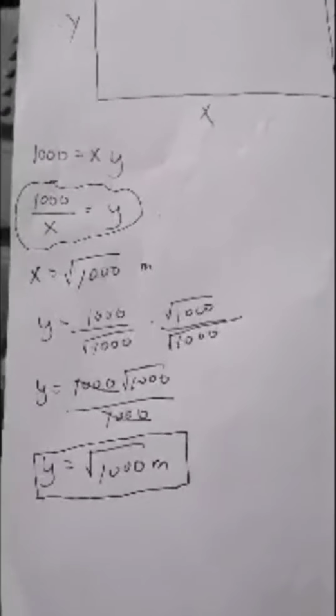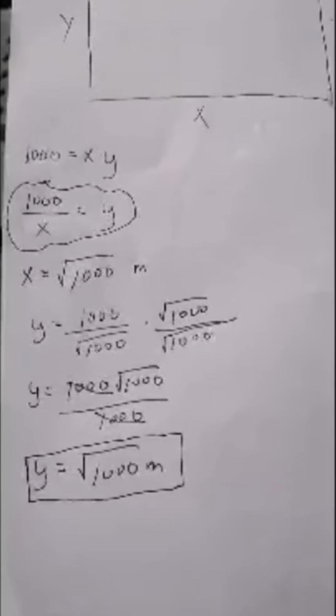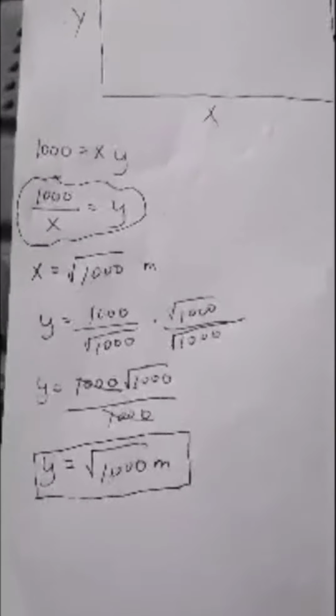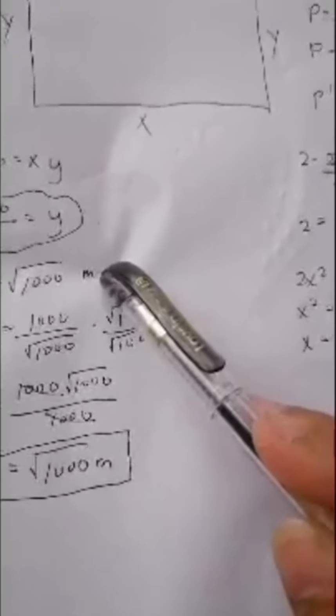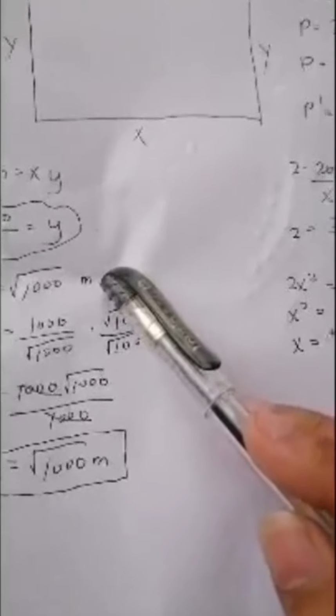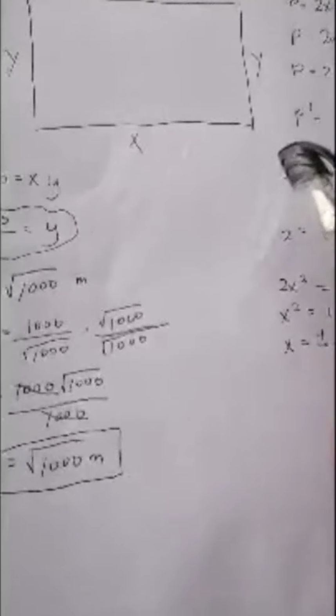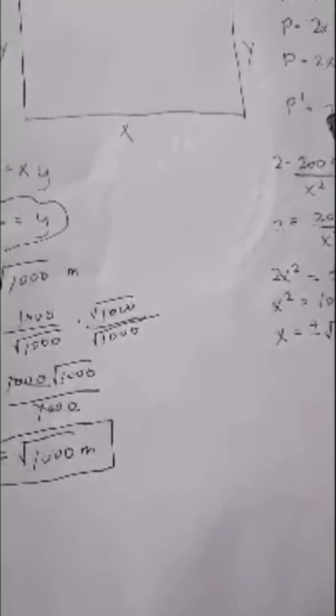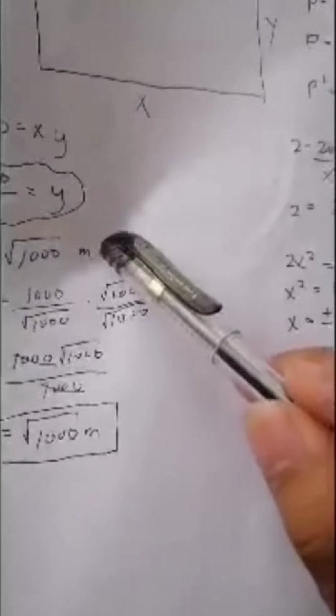That tells us that x is equal to the square root of 1,000 meters, so we know the dimensions.